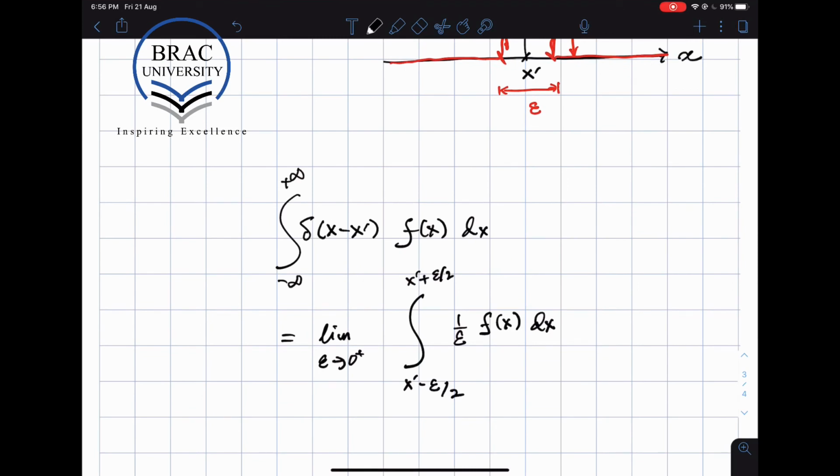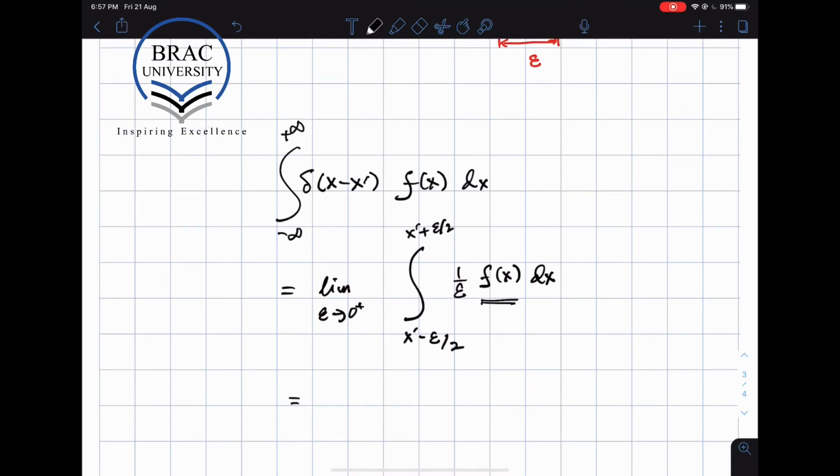Now if I take epsilon to be very small, and suppose our function f of x is a well-behaved function so that it doesn't wildly vary, then of course around this point x equals x prime, it is going to be constant, and its value is going to be f of x prime. In other words, we can write this as the limit of epsilon goes to 0, and we can pull the function out, at its value x prime.